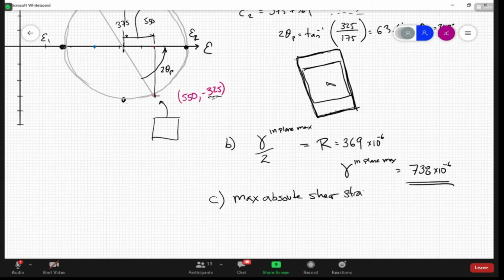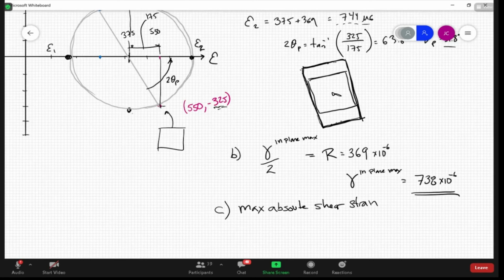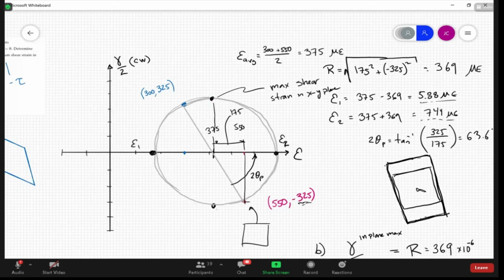All right, the max absolute shear strain. In this case, again, we have the 0 out of plane point corresponding to the origin. And so now that's going to generate the 2 other rotational Mohr circles.